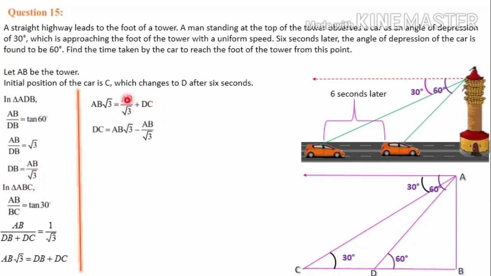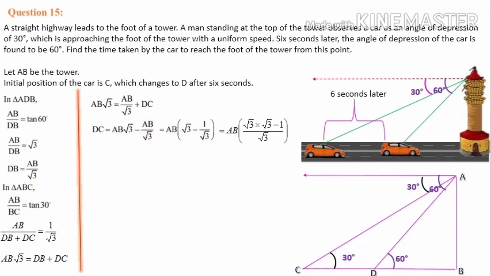Then DC is equal to AB root 3, and AB by root 3 comes to the left side, becoming minus AB by root 3. Taking AB common in these two, AB comes out, root 3 is the balance, minus 1 by root 3.